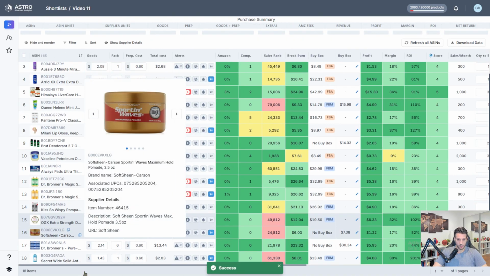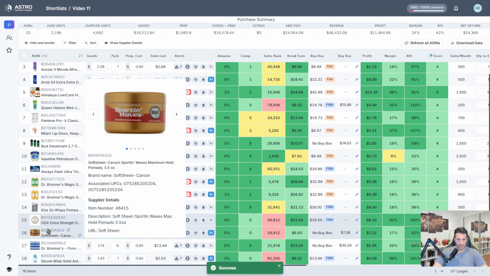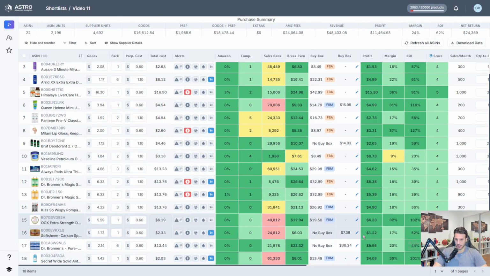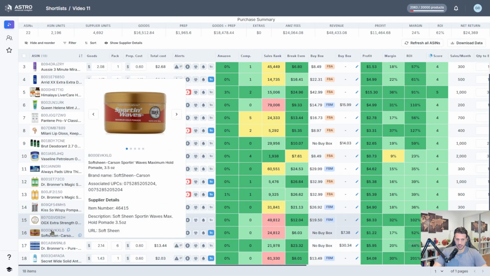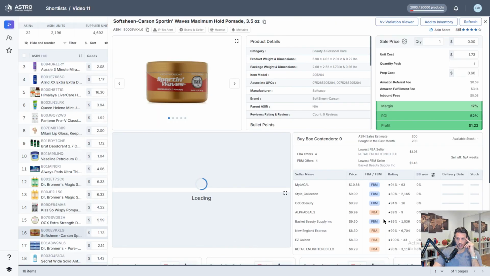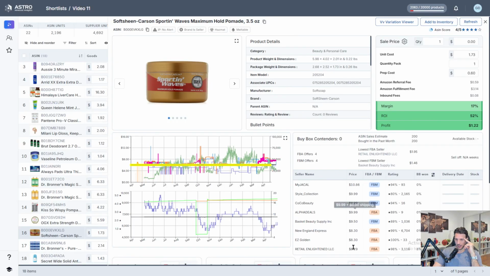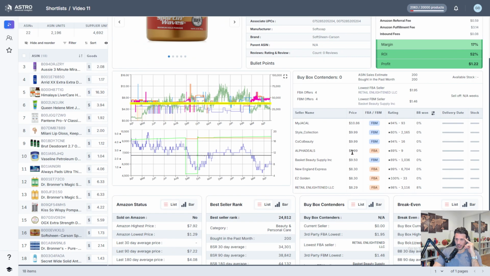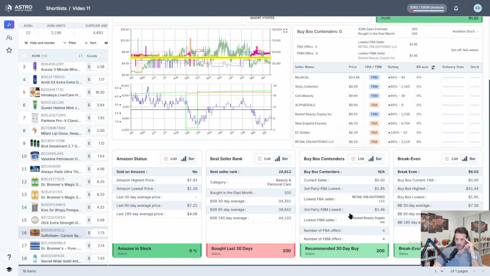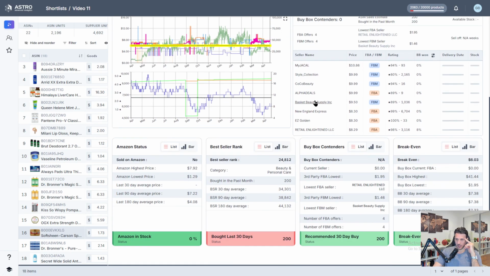Got 3 more to go. So this is a 1-pack, $1.70, $7.38. Let's check this out. Let's see what's going on here. So I see that we can price it a bit higher because there's no one at $7.23. So we can probably sell it at around $8.30.